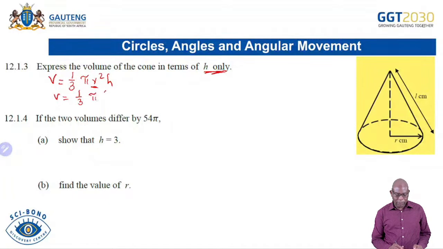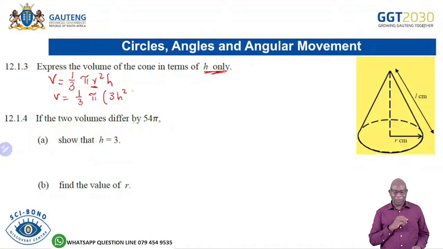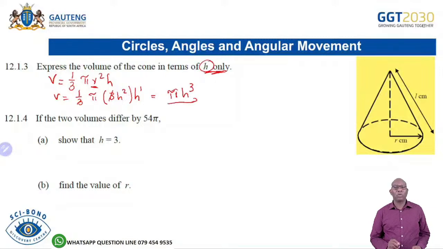Instead of writing R squared, what should I write? 3H squared. Remember, pi represents a number. So therefore, I'm going to say 3H squared multiplied by H. So the 3 and the 3 cancel out. I'm left with pi. H squared times H will give me H cubed. So this is my volume in terms of H only because pi is a number. Okay. Right.